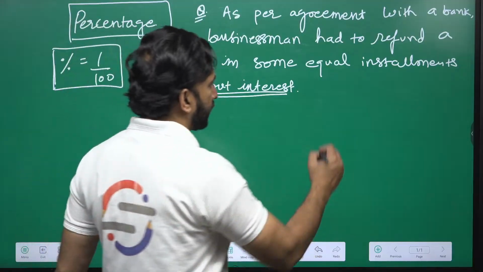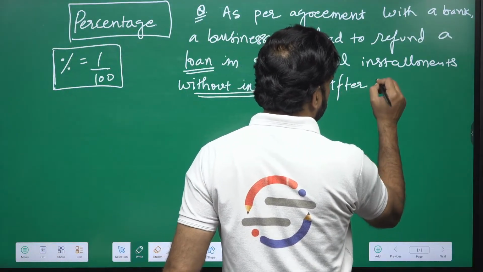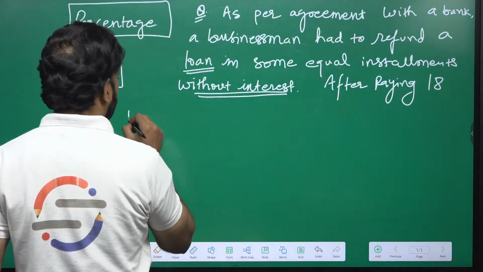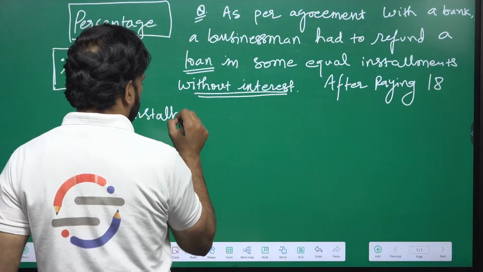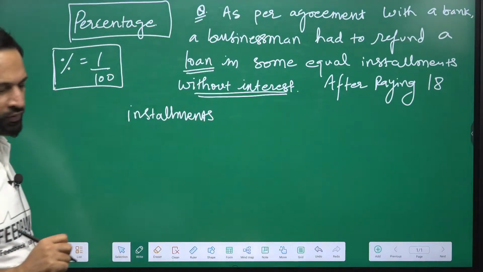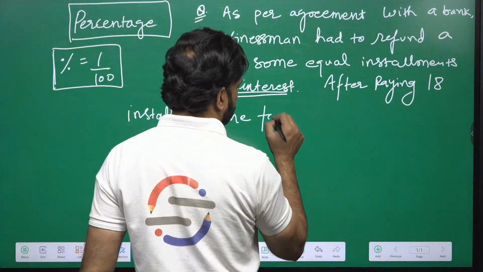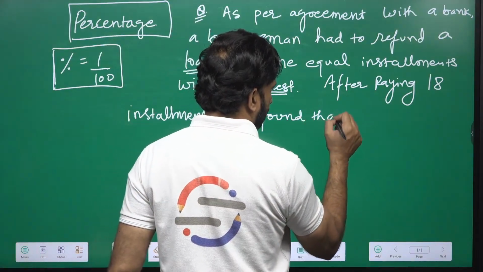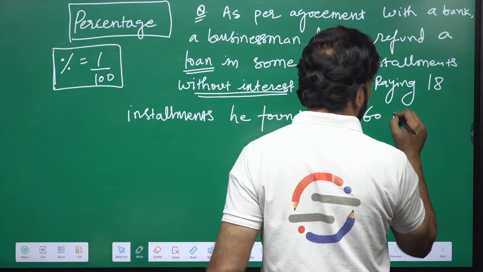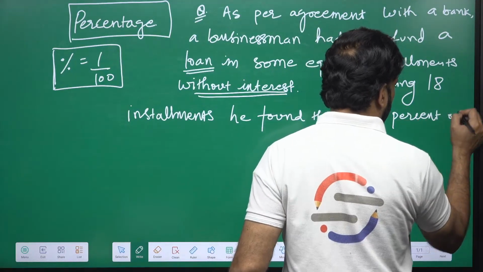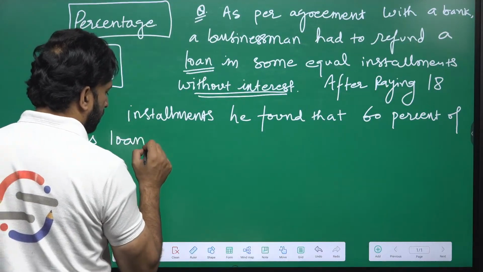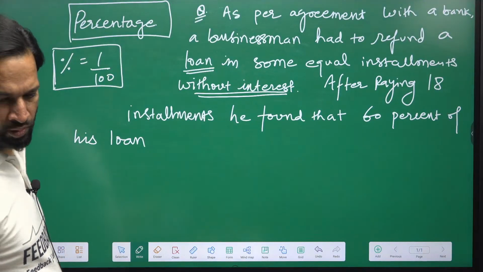After paying 18 installments, he found that 60% of his loan was refunded.